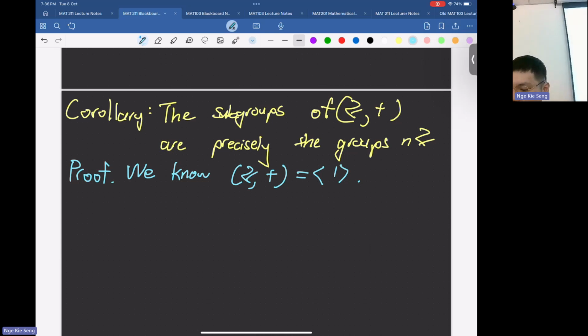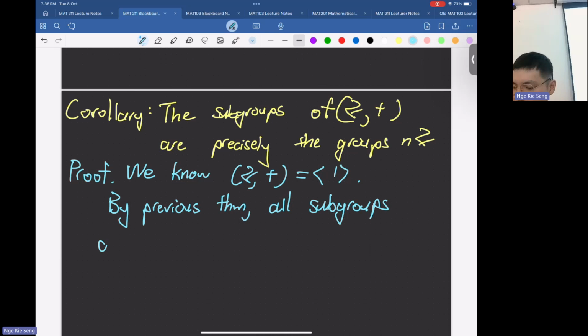It's cyclic. So by the previous theorem, what do we know? All subgroups of Z are cyclic. Okay, all subgroups of Z are cyclic. So what are these subgroups?